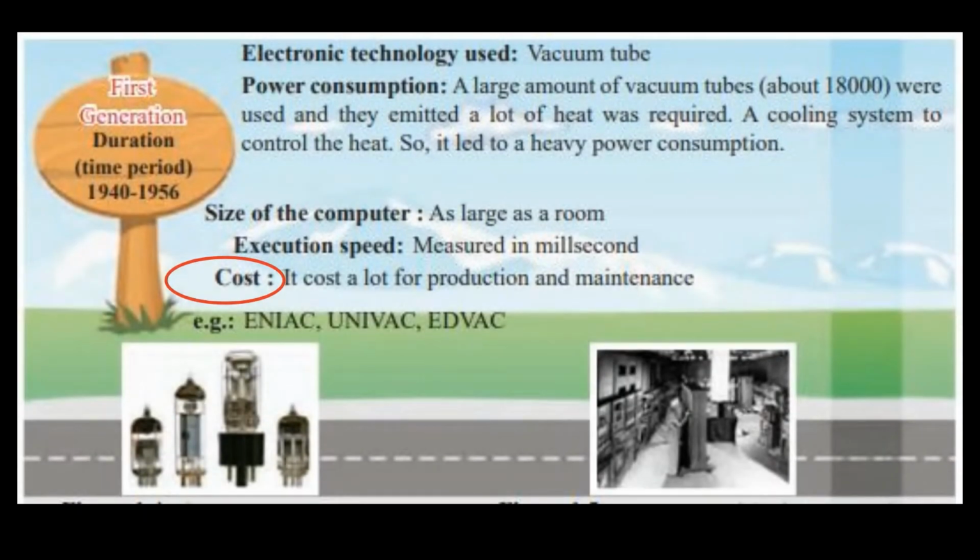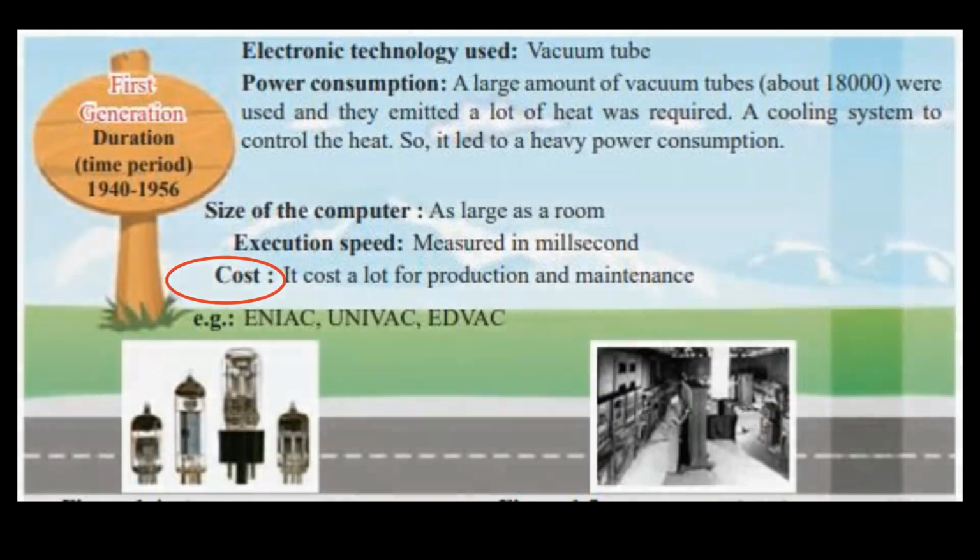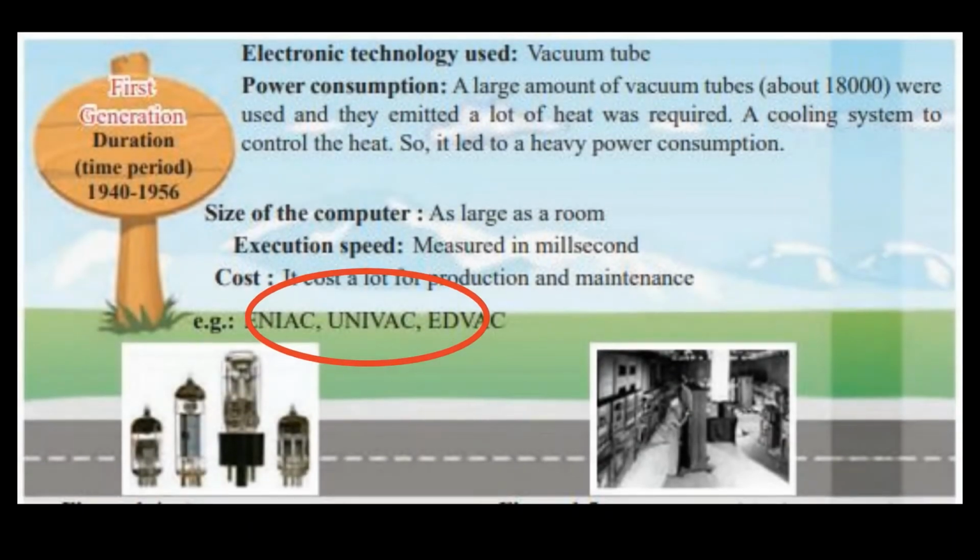And also in the first generation, it cost a lot for production and maintenance. Examples of first generation computers include ENIAC, UNIVAC, and EDVAC.